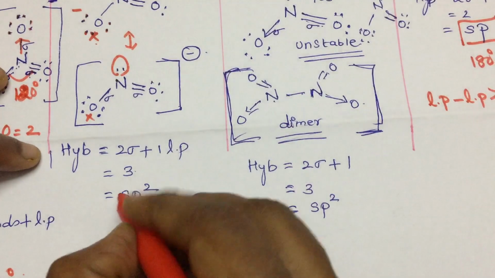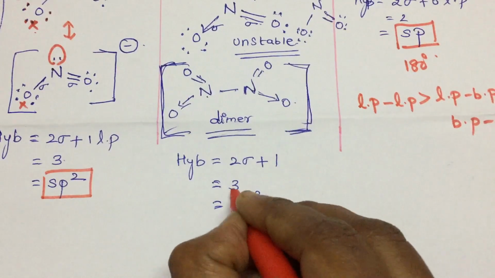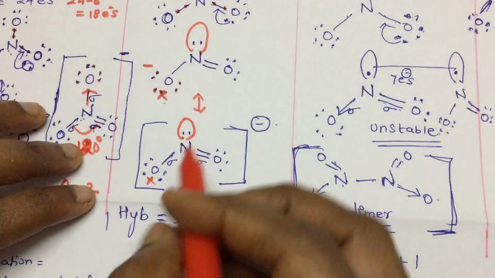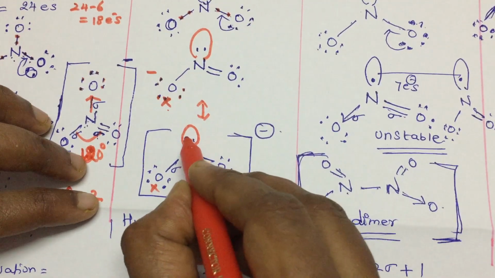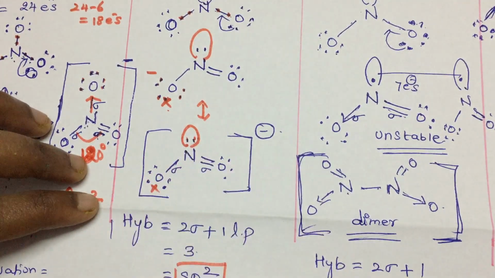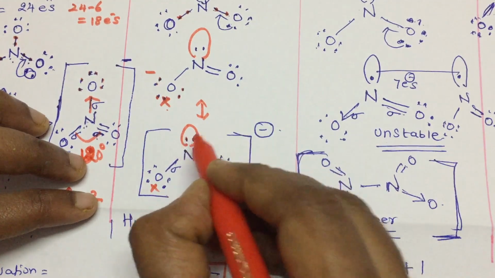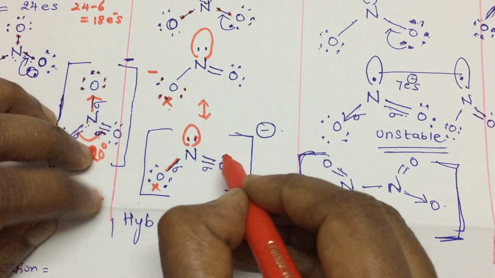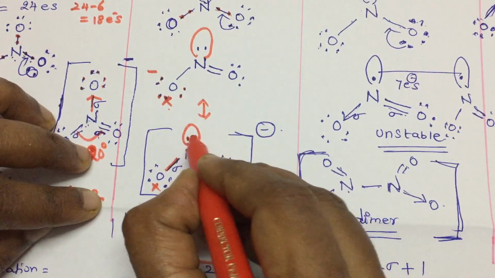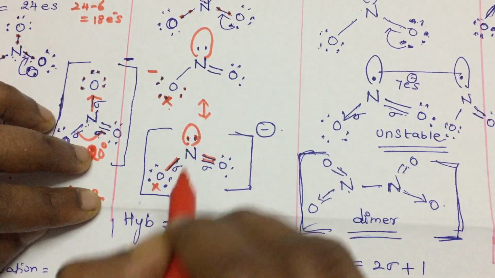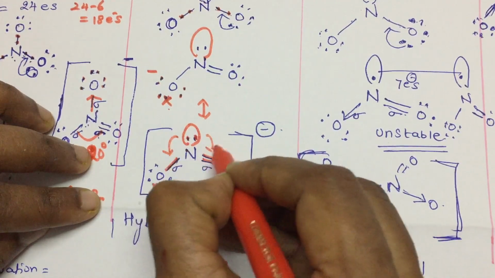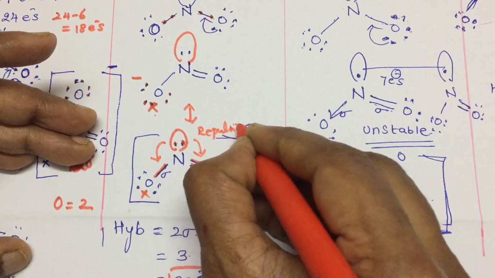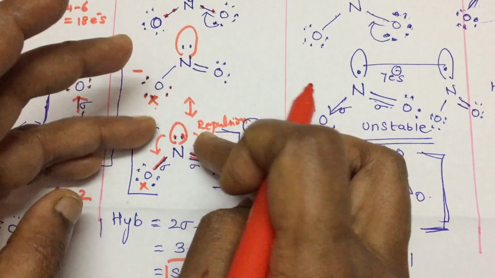So here, when you come to here, or here, this is also sp2, this is also sp2. But there will be a difference in bond angle. See students, here there is a lone pair. So what will happen? There will be a repulsion between this lone pair and the electrons in the bond pair. So it will push these orbitals.